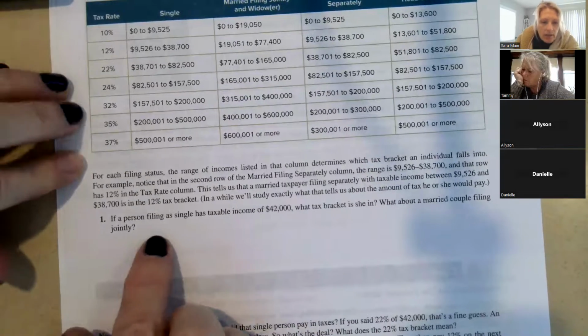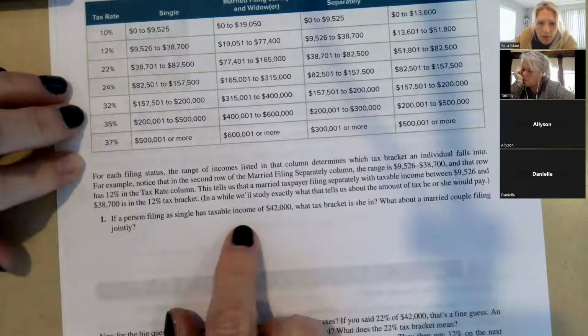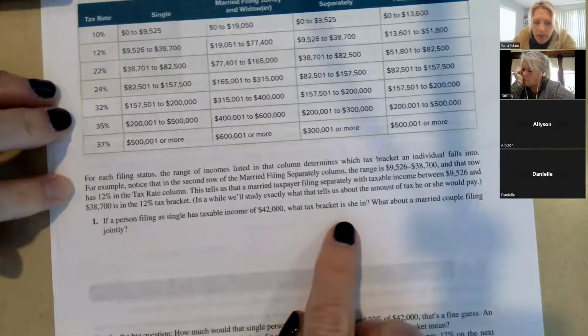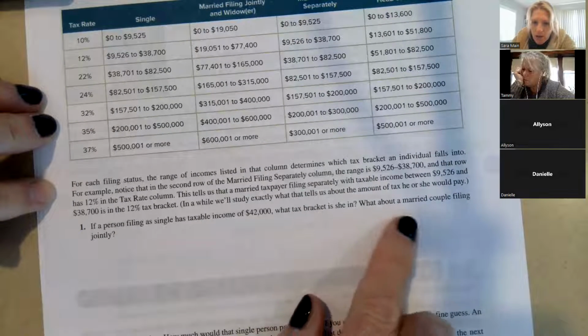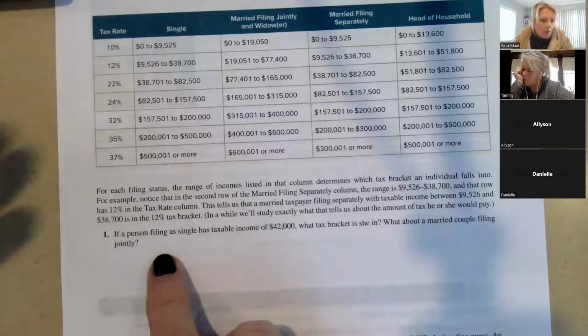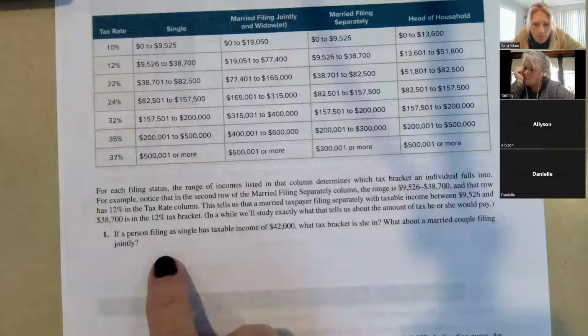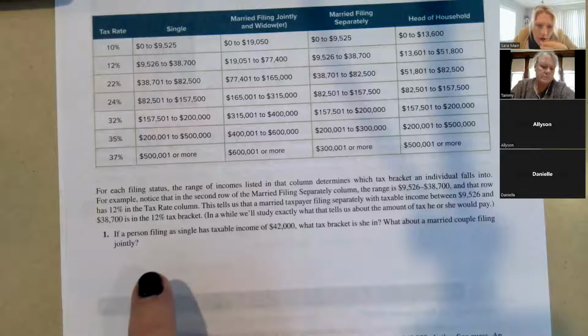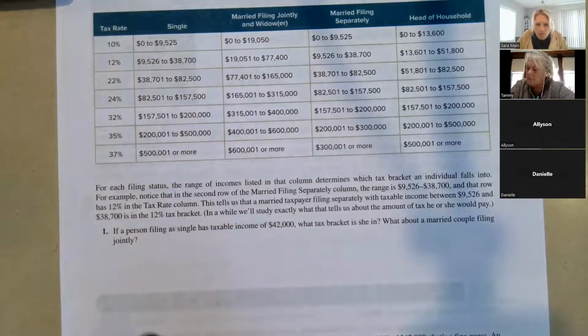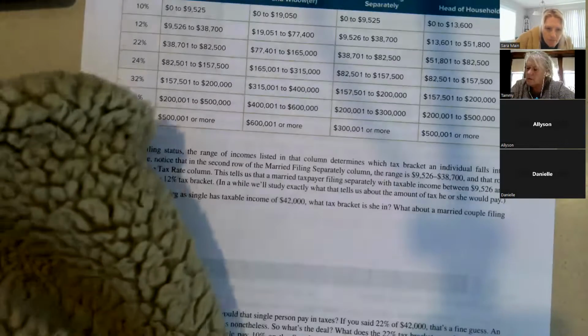It says if a person filing as single has taxable income of 42,000, what tax bracket is she in? And what about our married couple filing jointly? Anybody want to unmute or type it in the chat? She's in the 22% tax bracket.